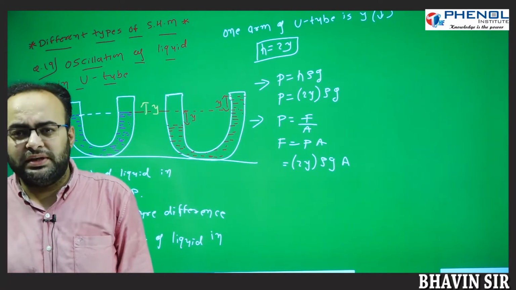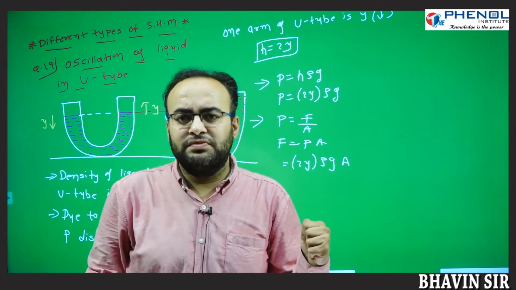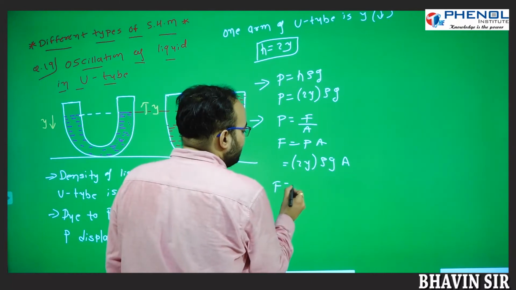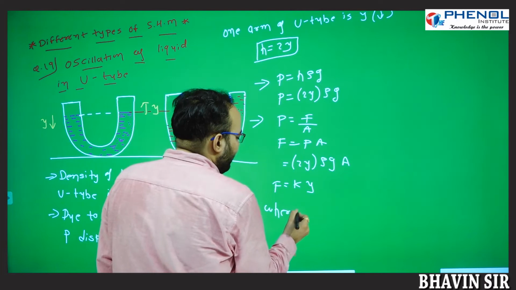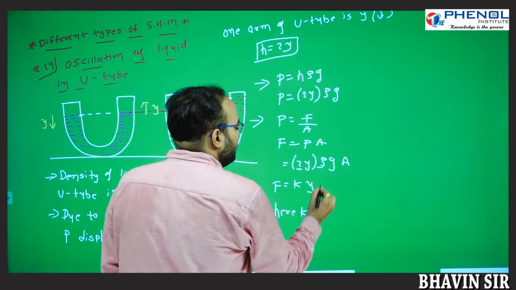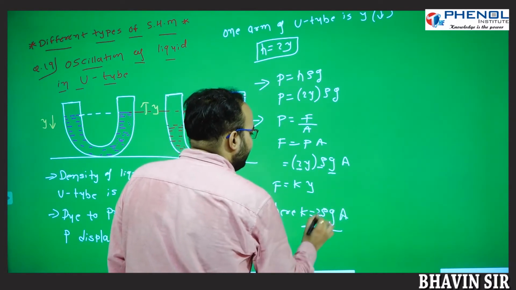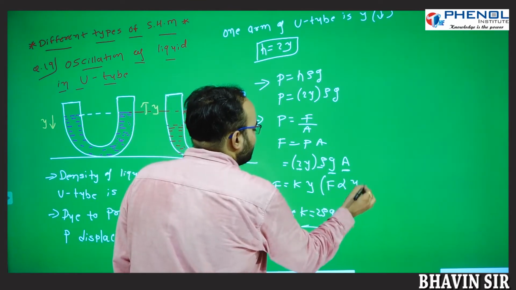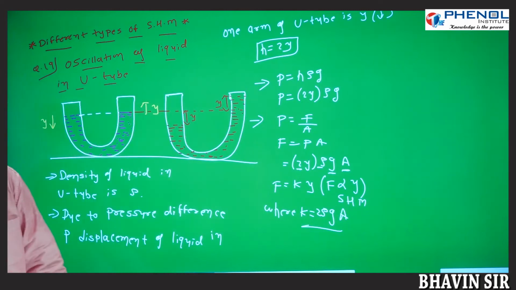Now students see, this is the SHM motion. 2 rho g A is constant. So F is equal to Ky, where K is a constant. The constant term is 2 rho g A. So we can say that F is proportional to y, force is directly proportional to displacement.